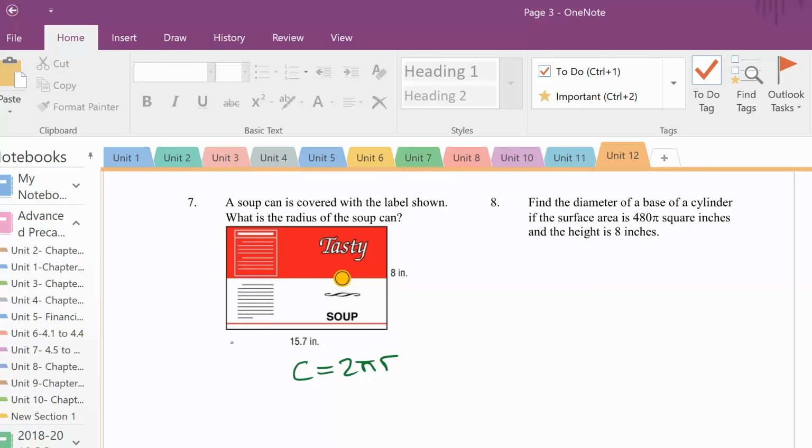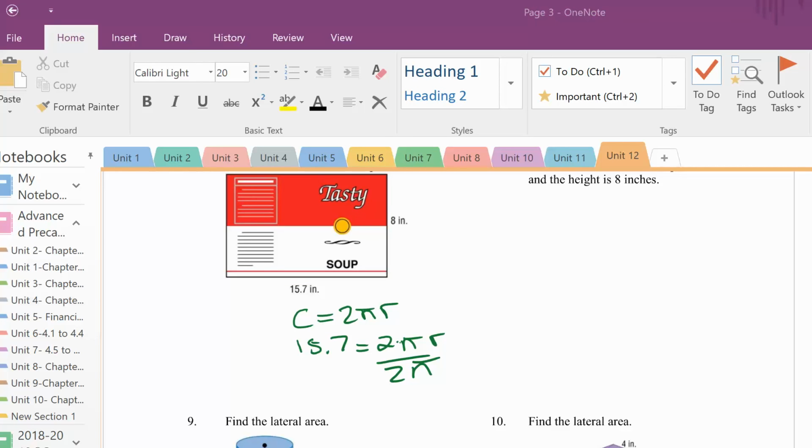Since it's 15.7 around, 15.7 is equal to 2 pi r. So to find the radius, you divide. Dividing by 2 pi gives you that the radius is 2.499 inches.